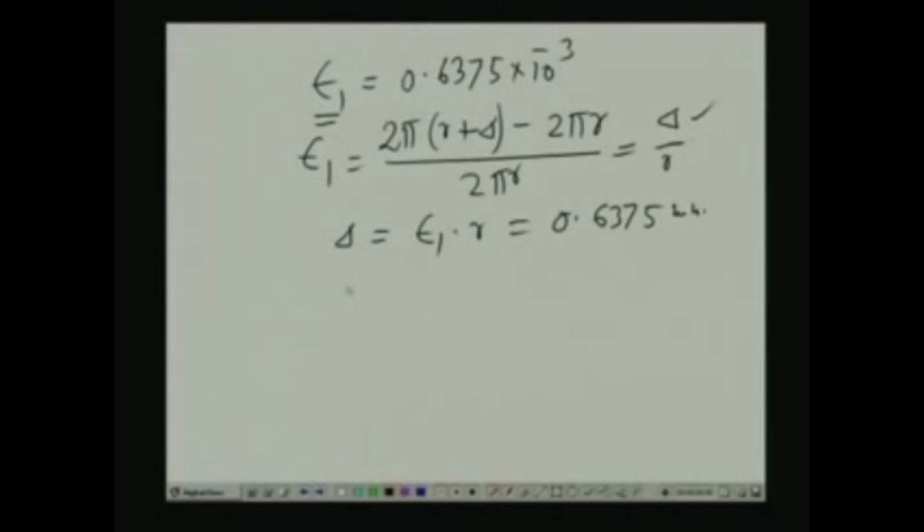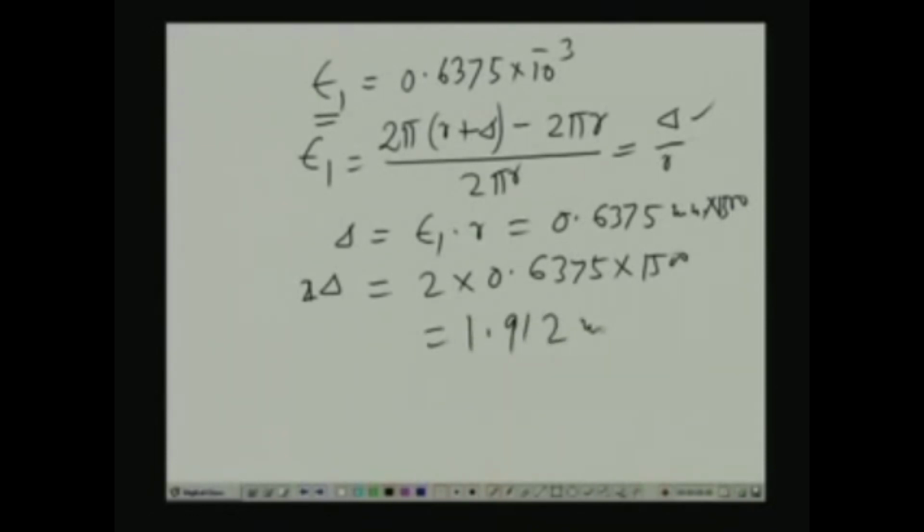Hence the increase in the diameter, which is twice delta, is equal to 2 into 0.6375 millimeter, and this comes out as 1.912 millimeter.